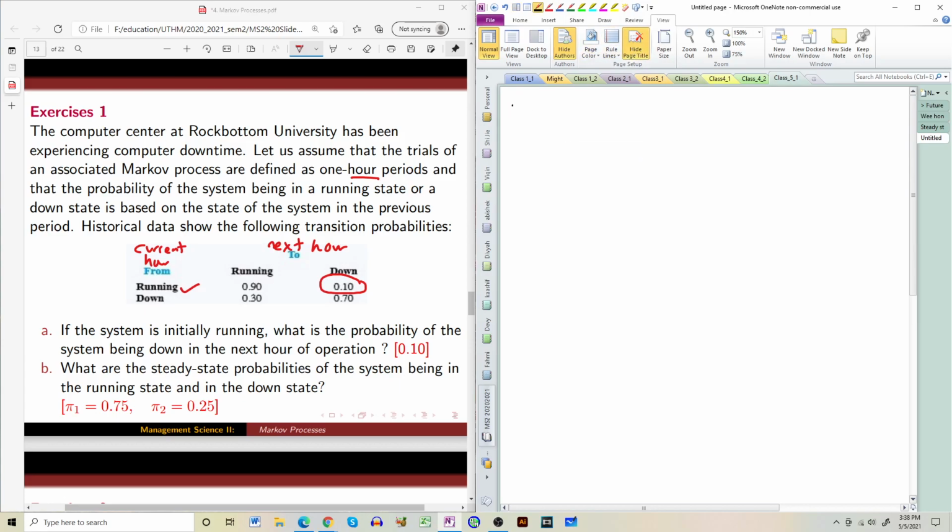Now B is the major computation. For you to do the B exercise, we define the first state as running.